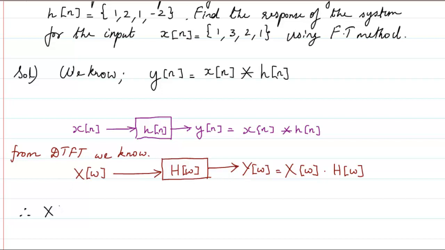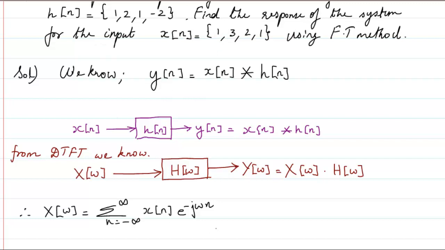For X of omega, we know the equation: summation n equal to minus infinity to infinity of x of n e raised to power minus j omega n. Since there is no arrow drawn here, we will assume that the arrow is at the first value. Similarly here also the arrow will be at the first. So this is your x of 0.